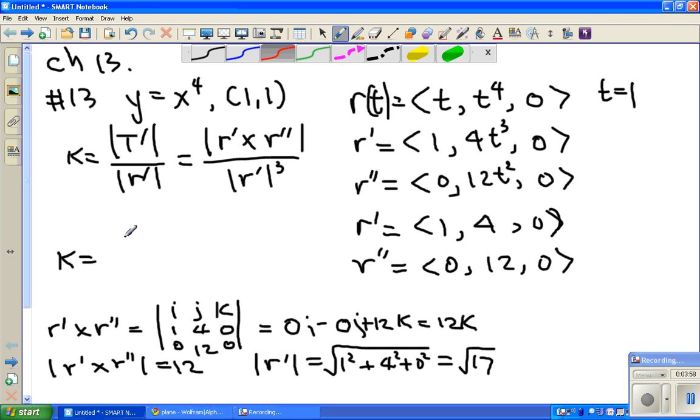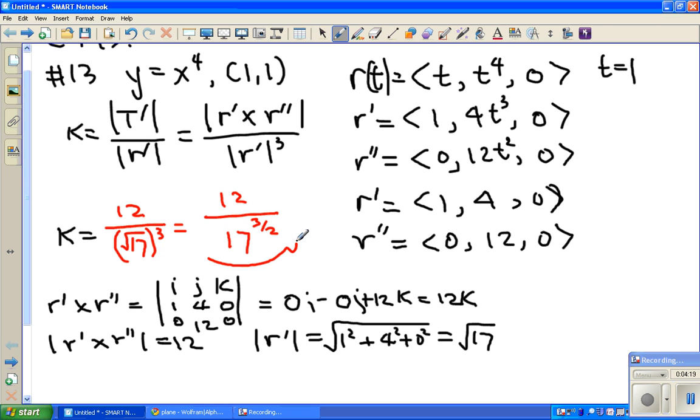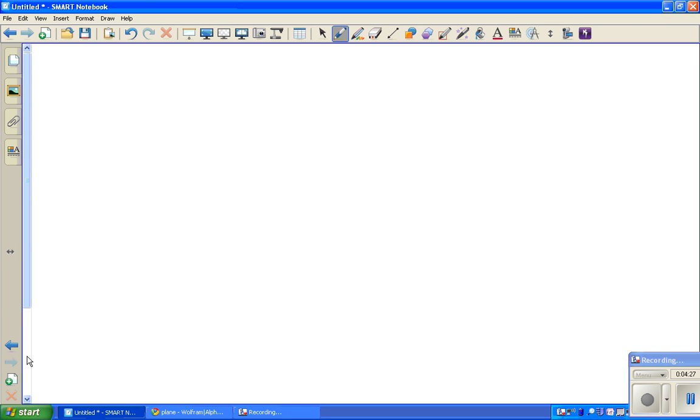The numerator for the curvature becomes 12, and the denominator becomes square root of 17 to the third power. In other words, it becomes 12 over 17 to the 3 over 2 power. There it goes. That becomes our final answer. All right, now let us move on to the next question, number 15.